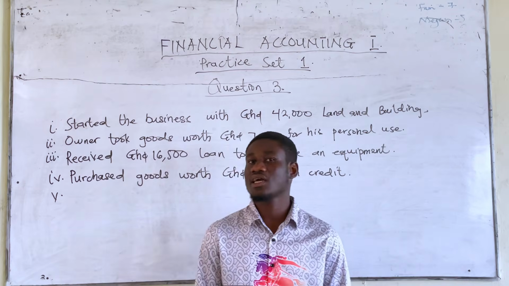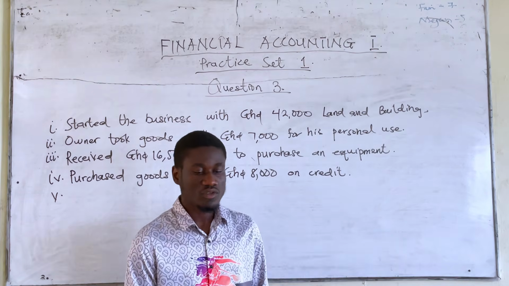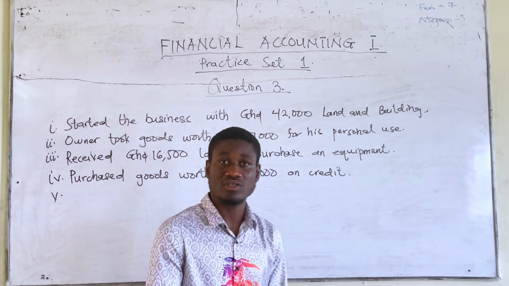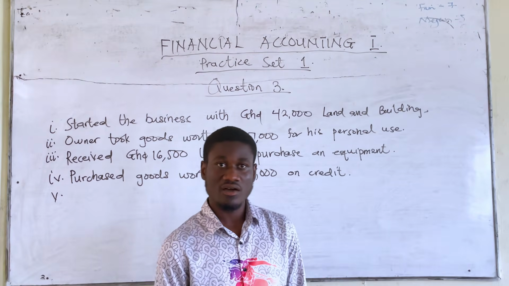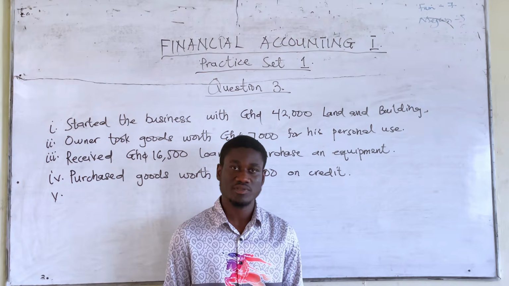What will make our capital increase? Profits. So there was a profit here, and the profit is going to increase the capital. You should know the things that affect the capital.